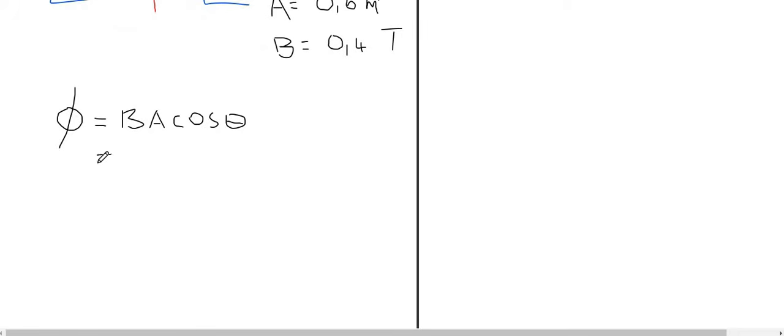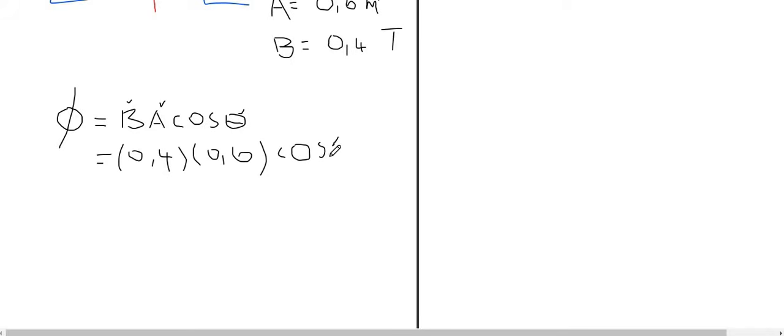So we actually have everything. If you look at it, we have theta, we have area, we also have the magnetic field. So it's just a matter of saying, okay, I'm going to have 0.4 multiplied by the area, and our area is given as 0.6, multiplied by the cos of the angle theta, and we have established that the angle is 0 degrees.